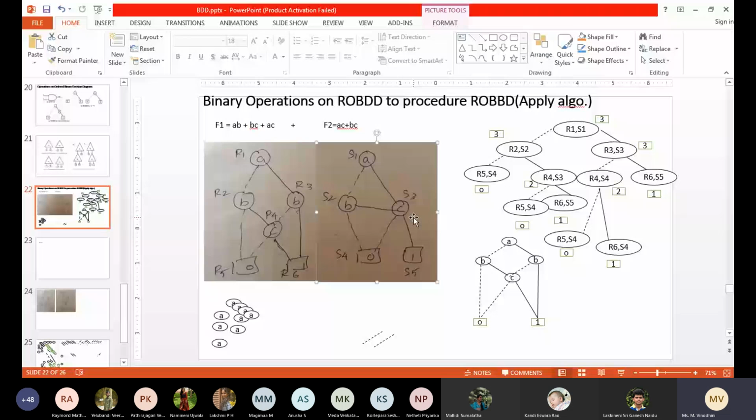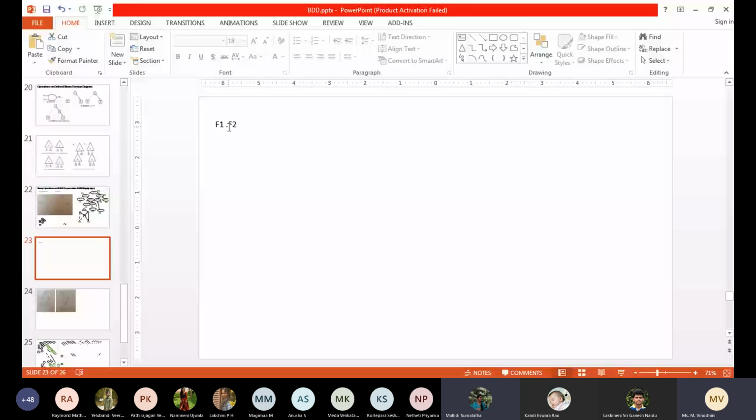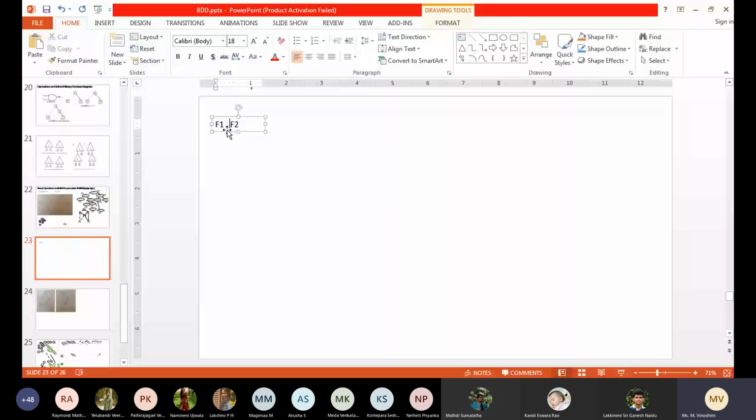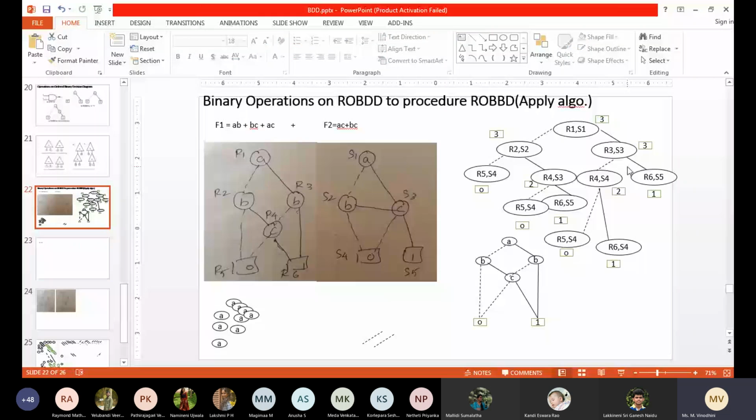First step is drawing the ROBDD. Second step is assigning the variable. Third step is drawing this diagram. Will there be any change in the operation? It will be there in the fourth step. Assigning these values will change.